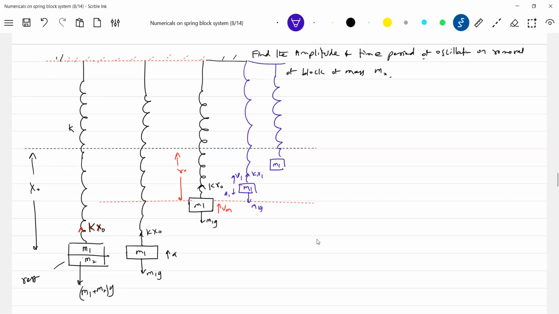This will be the instantaneous rest here, with still some elongation in the spring. This is the lower extreme, this is the mean, and this is the upper extreme. Do you agree?